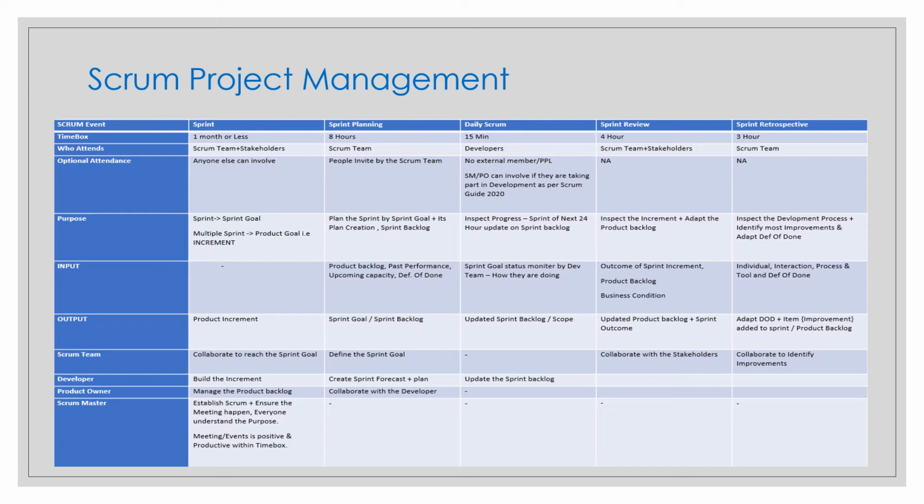So let's take a minute to have a look at this picture, the Excel data I have created, and we will have a quick look into that. Let's understand the difference between the product backlog and the sprint backlog, then we move further.